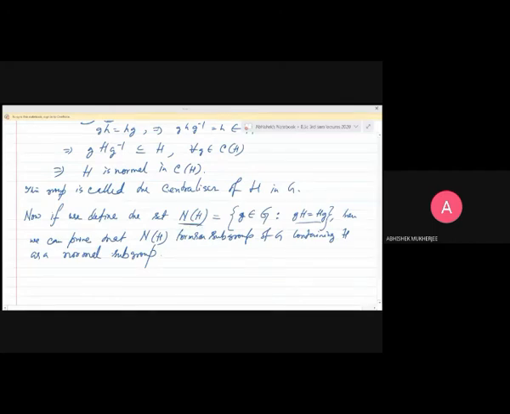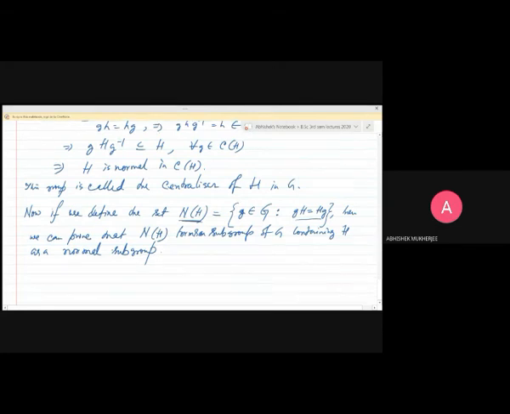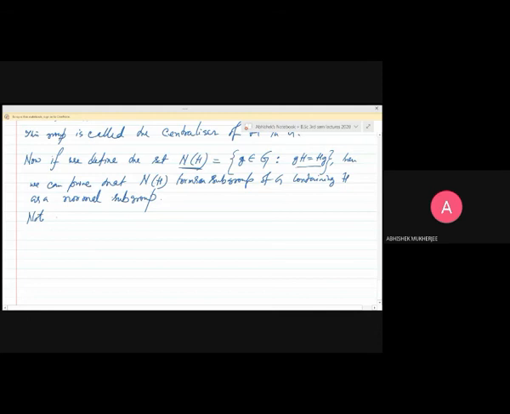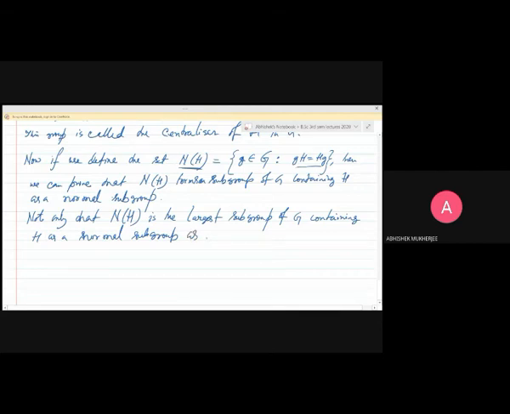Not only that, N(H) is the largest subgroup of G containing H as a normal subgroup. Why?